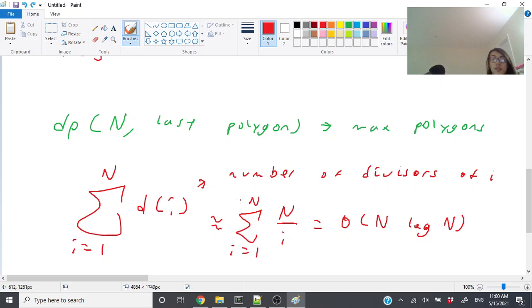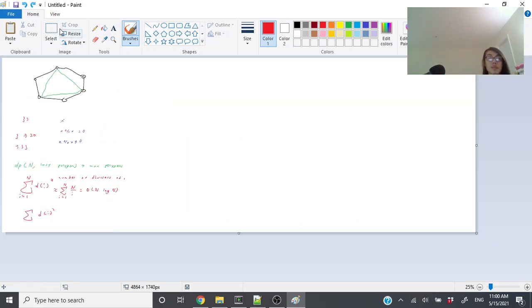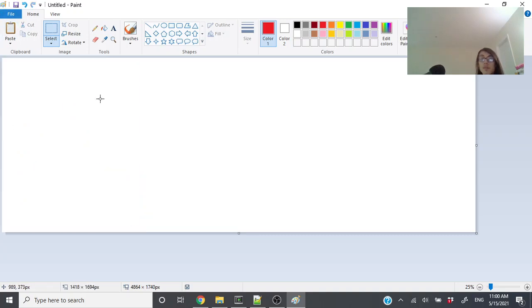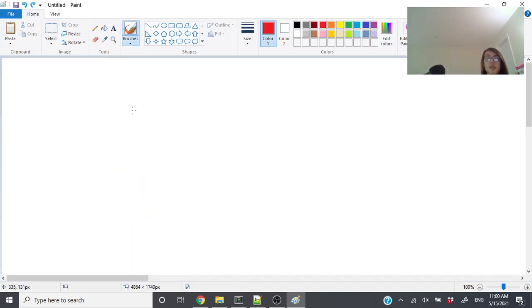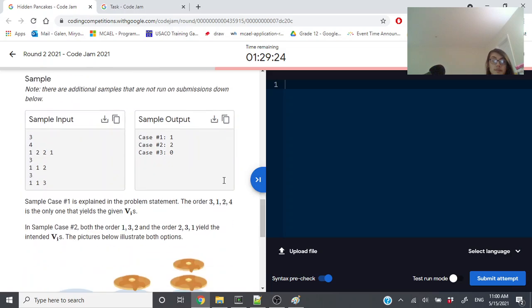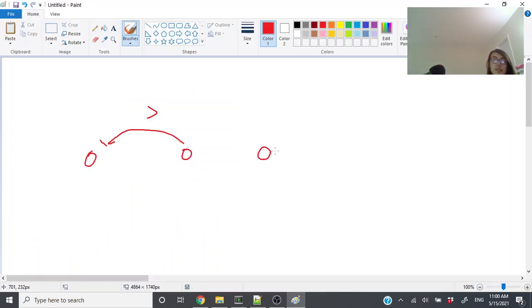So for example here, we have some relations between the elements. For the first sample, we know the first element can be anything. The second element has to be less than this. The third element is second, meaning that it's greater than, meaning that in this case it's less than this.